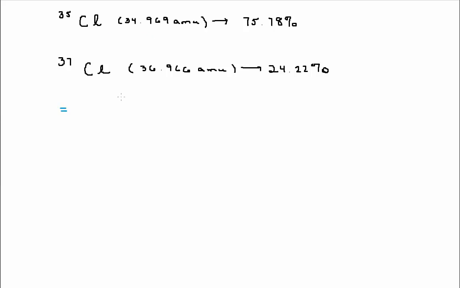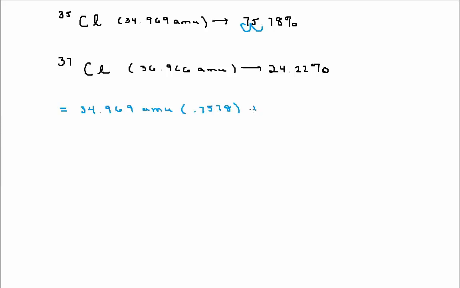So what we do is we take the atomic mass, 34.969 AMU, and we multiply it by its percent abundance. Now, I can't just multiply by 75.78. I need to move this decimal place 2 places in order to make it a decimal, or divide by 100, so it would be 0.7578.